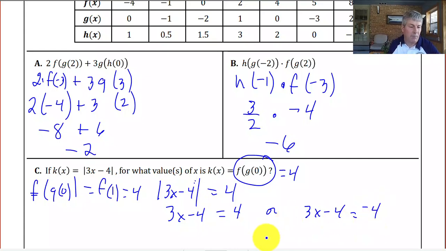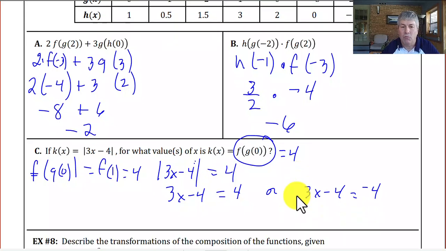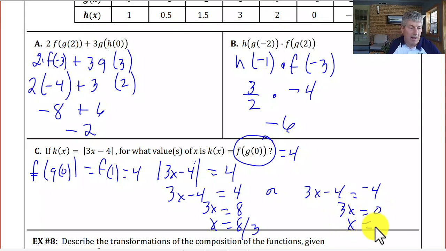That's how we solve absolute value equations. So we solve each one of these, and we get 3x equals 8, and x equals 8/3. And then we add 4 on this one. We get 3x equals 0, and x equals 0. This is an and. So we get x equals 8/3 and x equals 0.